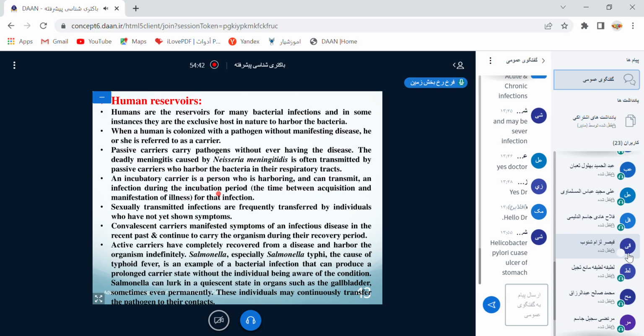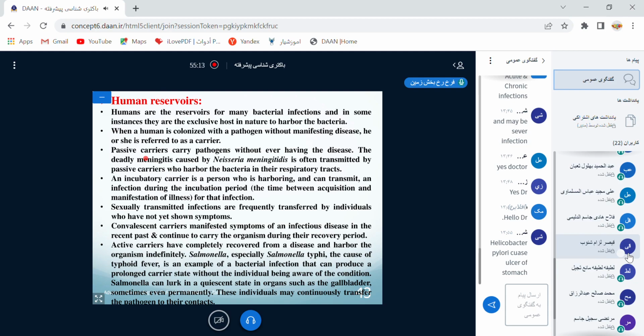In many cases, people who are in the incubation period without any signs and symptoms transfer the bacteria to other people. We call them incubatory carriers. A passive carrier is for the whole life, doesn't show signs and symptoms, but transfers the microbe to other people.